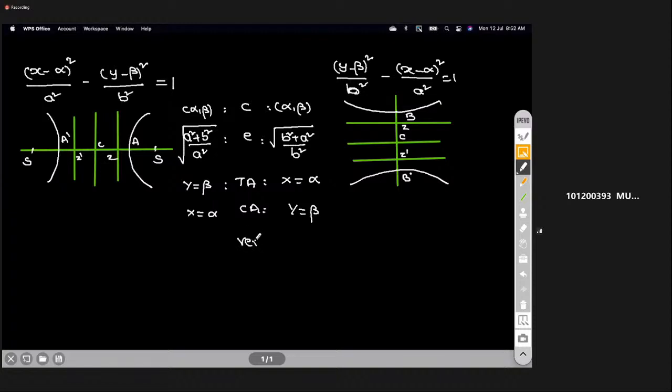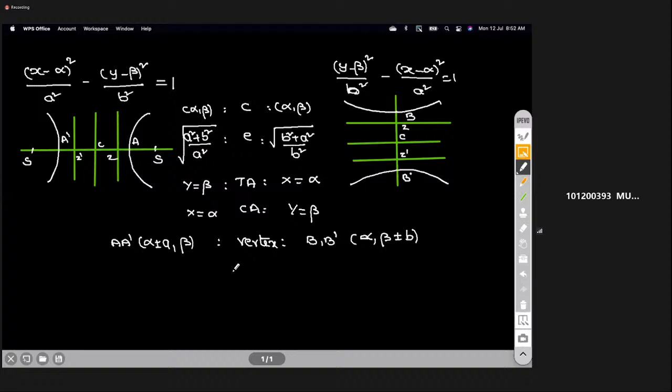Vertex. Vertex here, B comma B prime. Which are alpha comma beta plus or minus b. This side is A prime, which are alpha plus or minus a comma beta.